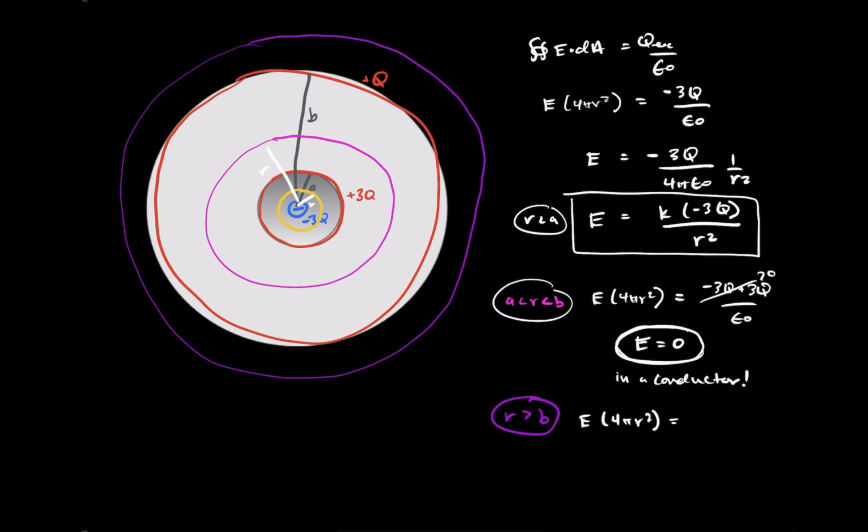What's the charge enclosed when you're outside? Net charge, 1q, right? Because you have minus 3q plus 3q, that's 0, plus 1q, that's going to be plus q over epsilon naught. So this is going to give you kq over r squared. So it looks like a point charge, but the scale of the point charge has to do with how you add up these charges.